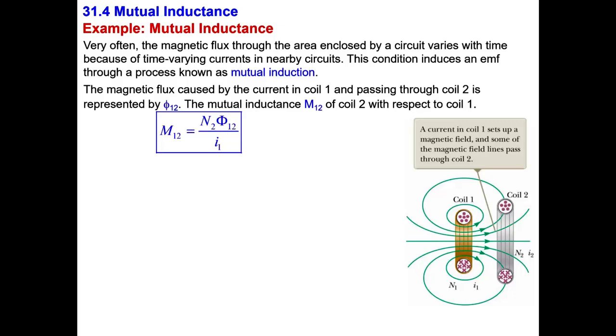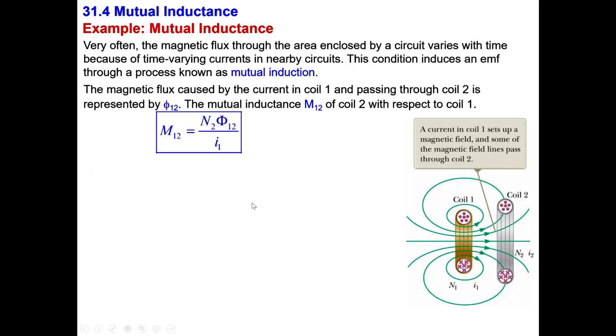That's why the first subscript is the cause, and the second subscript is where we measure. The cause is current in coil 1 that we are measuring in coil 2. So it's the flux linkage divided by the current, and the current is the one flowing through coil 1.